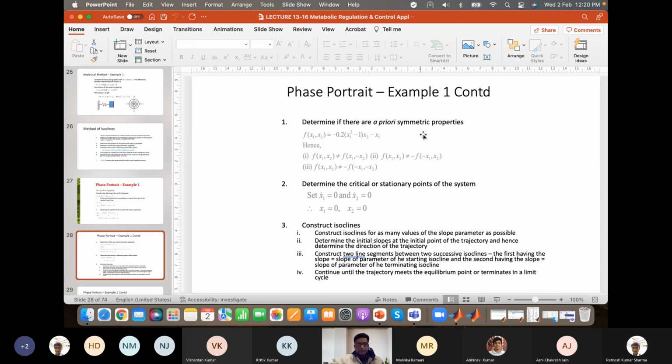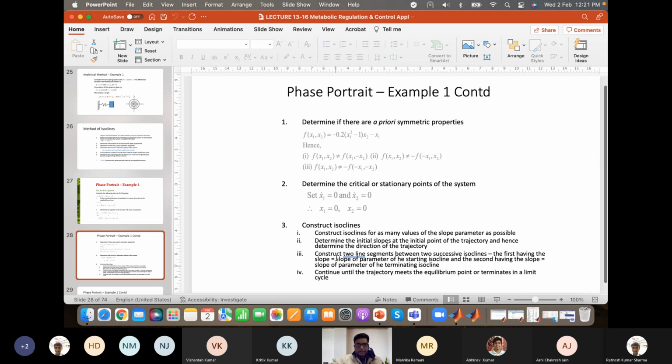Now, if there's any a priori symmetry, then we can look at that also. For this one, if this term is not there, then there is no symmetry, so there's no way you can find any symmetry. Then you look at the critical stationary points: x1 dot equal to 0, x2 dot equal to 0, and this gives you one stationary point, x1 equal to 0, x2 equal to 0.